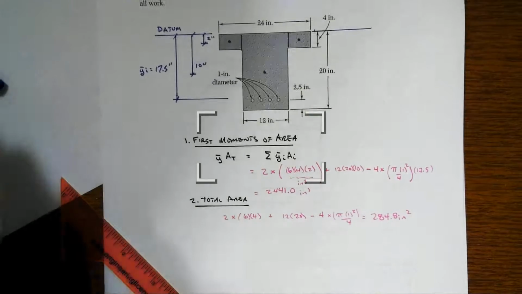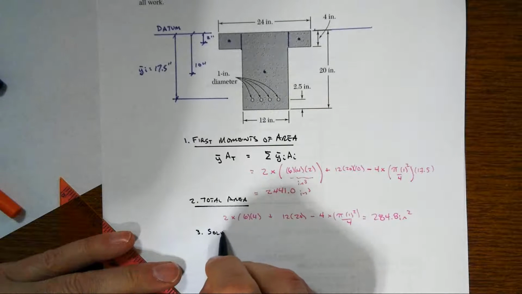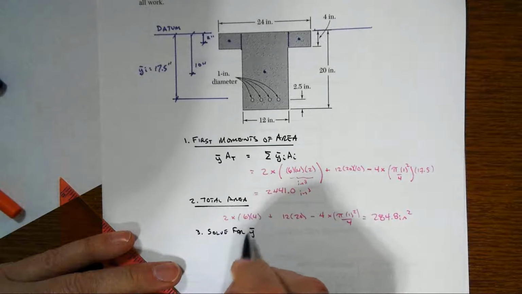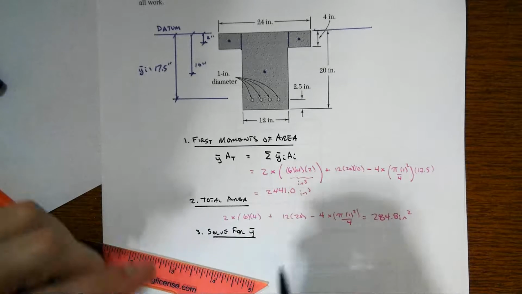And now finally we can solve for our requested value of Y bar for the total by dividing these two.